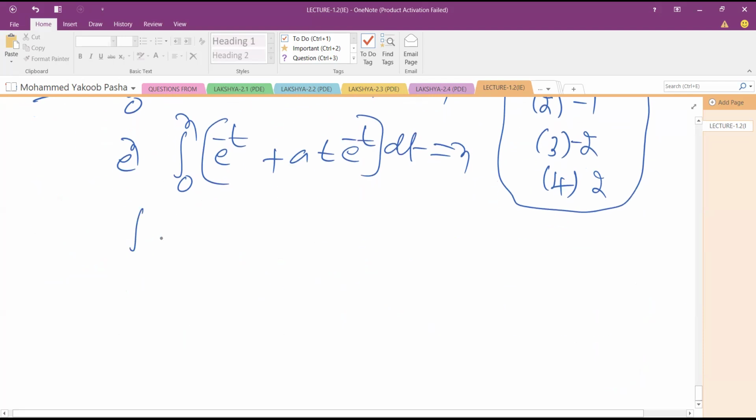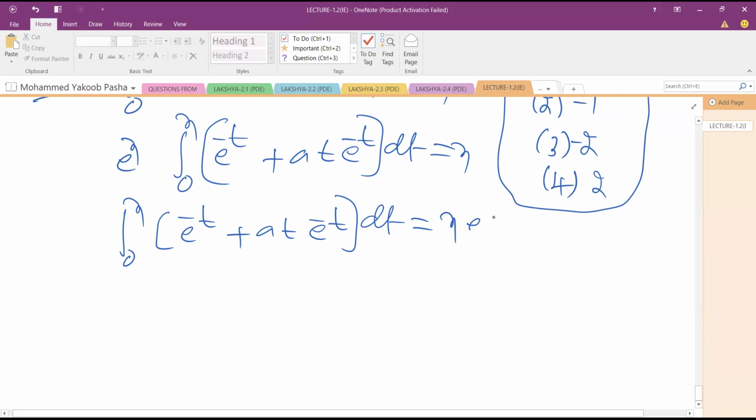Now, I'm writing one more step here. Integral 0 to x of e power minus t plus a into t into e power minus t, dt is equal to, we are taking e power x outside, is equal to x into e power minus x.